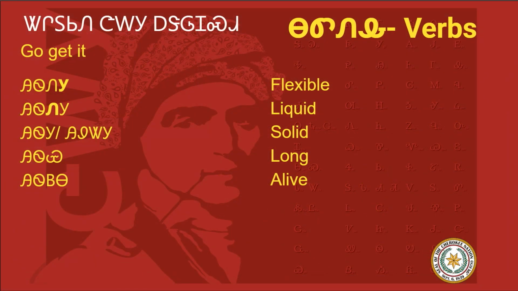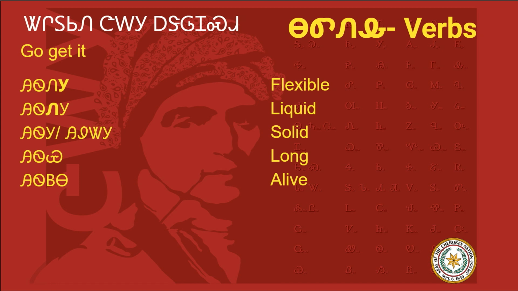Okay. So remember back, I believe it was Cherokee 2, we looked at our very first classifying verb, and it meant to go get it or to pick it up off the ground, right? Because we talked about hui negi, go get something flexible.